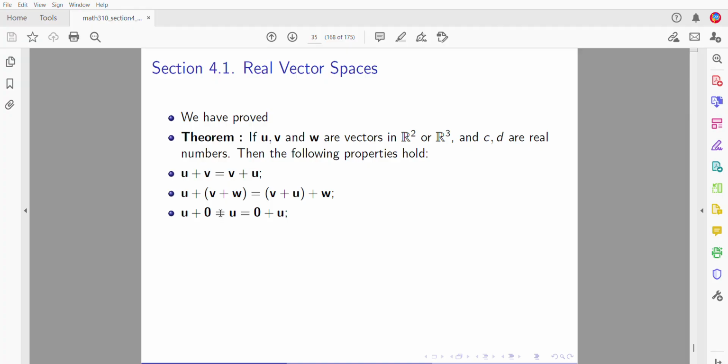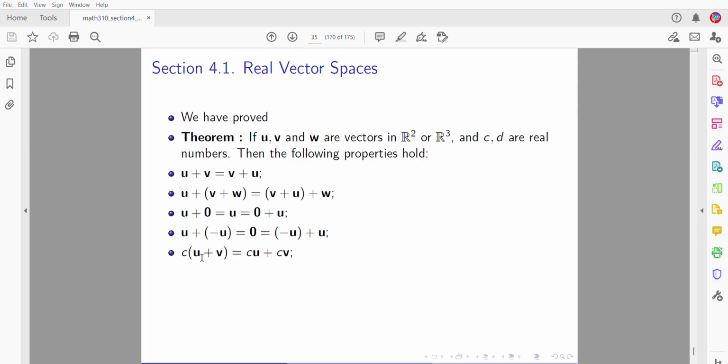There exists a zero vector, that is the additive identity. For every vector u, it has an additive inverse. What does the additive inverse do? U plus negative u is the zero vector. Okay, and notice addition is commutative, so you can flip this around.